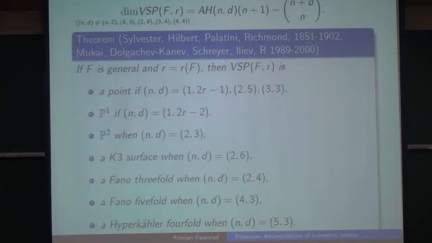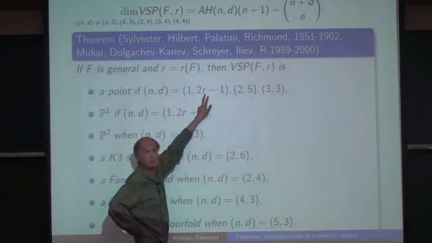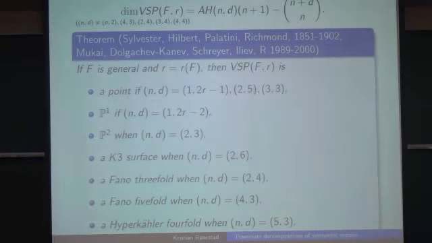And that is the case if the form is binary and of odd degree. So a general cubic form in two variables is uniquely a sum of two cubes.